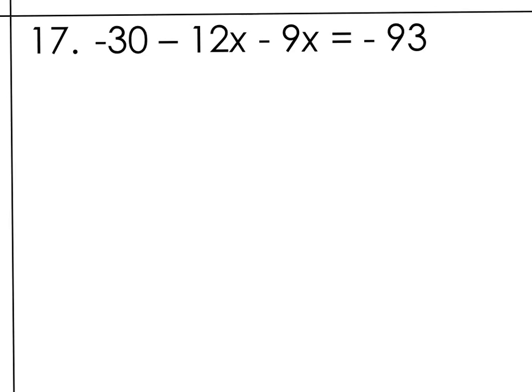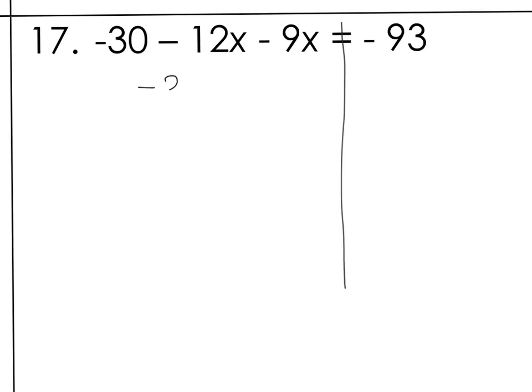And of course, this is where we get a little bit messed up. We have to be aware of our negative stuff going on. Negative, negative, negative, negative. Before I start to get the variable by itself, I need to combine like terms, which is actually not too bad because they're already put together.